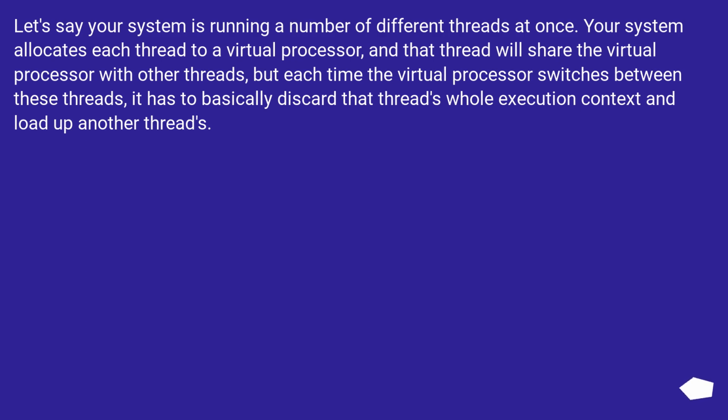Let's say your system is running a number of different threads at once. Your system allocates each thread to a virtual processor, and that thread will share the virtual processor with other threads, but each time the virtual processor switches between these threads, it has to basically discard that thread's whole execution context and load up another thread's.